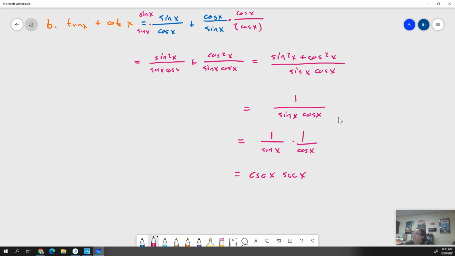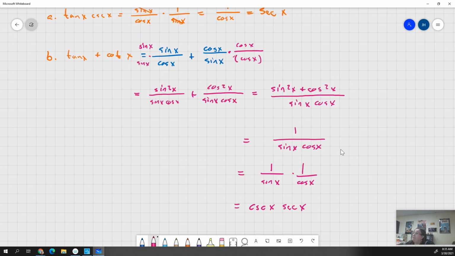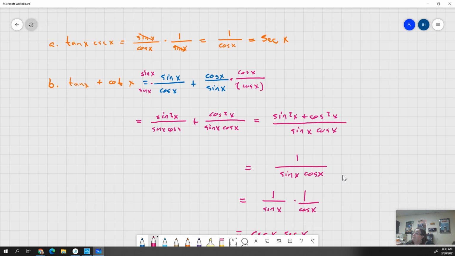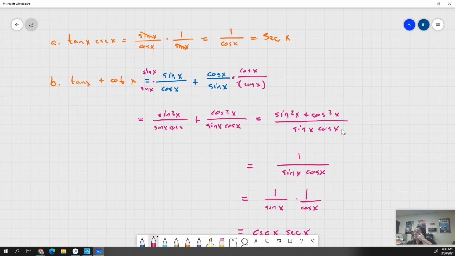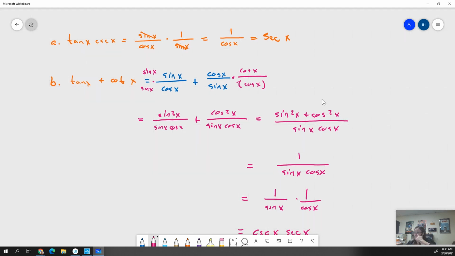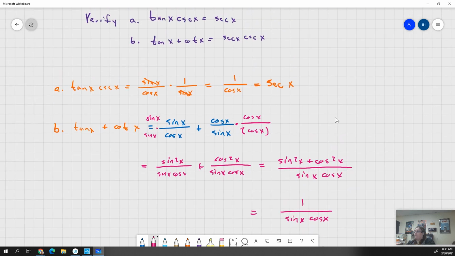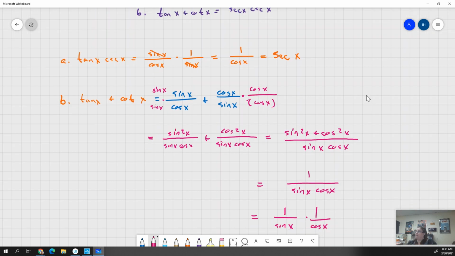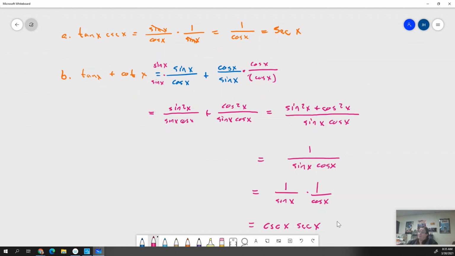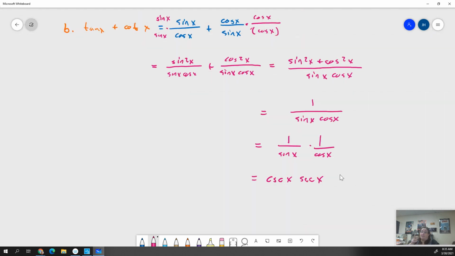And I believe that was what we were trying to get to, was it not? Yeah, secant of x, cosecant of x. I put them in the opposite order, but they're multiplication, so they can go in either order, right? I could list that as secant of x times cosecant of x. So those are how changing everything to sine or cosine when you have the opportunity can work for you.